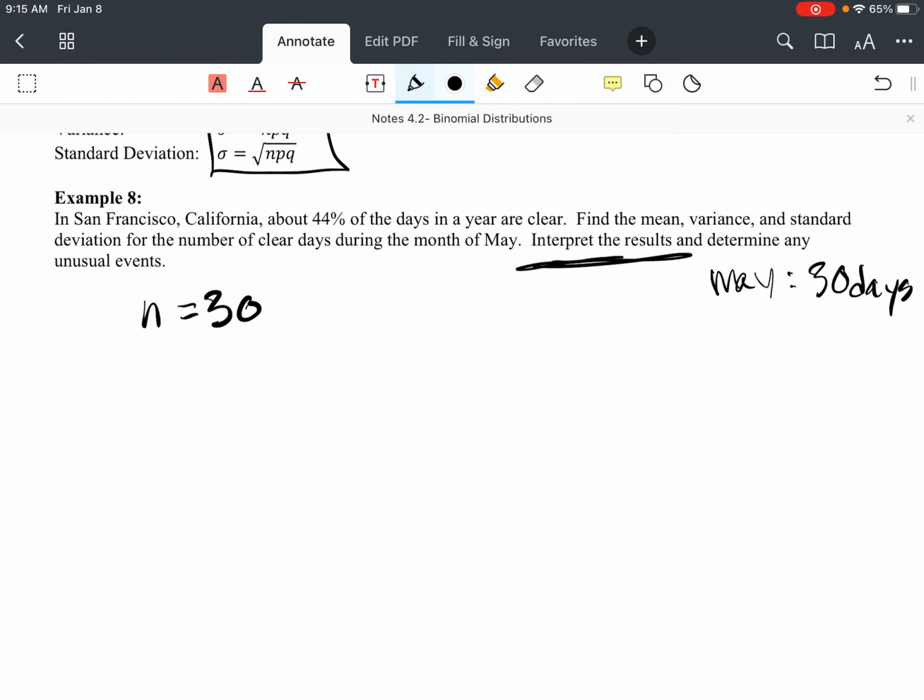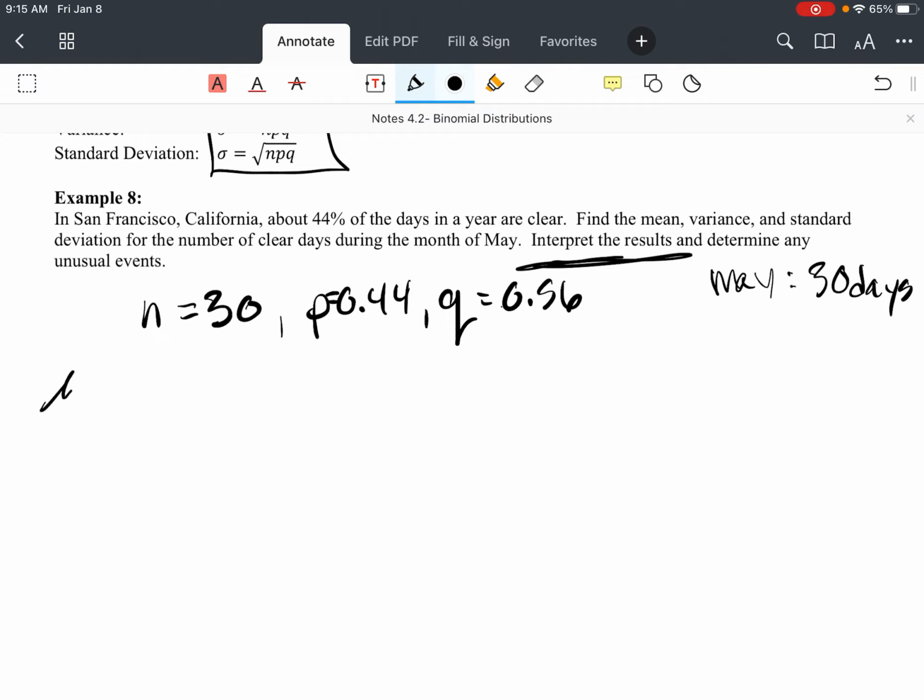So n in this case would be 30. And by the way, it is going to ask us to interpret the results in this one. Then p is going to be 0.44, which makes q 0.56.